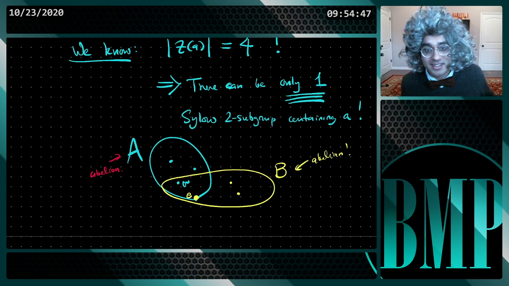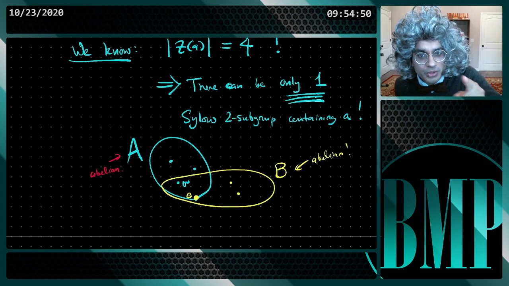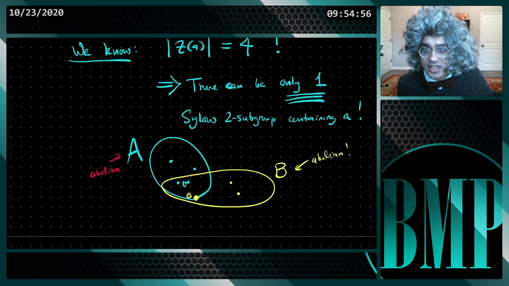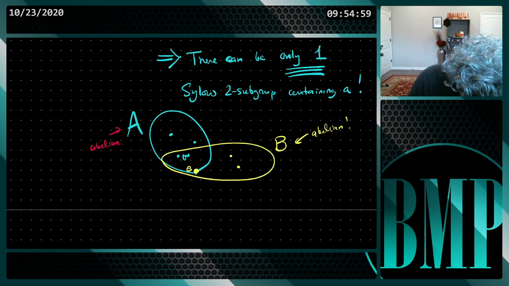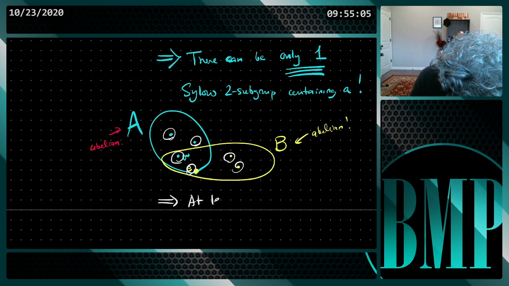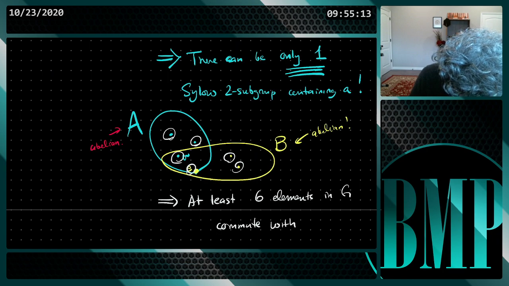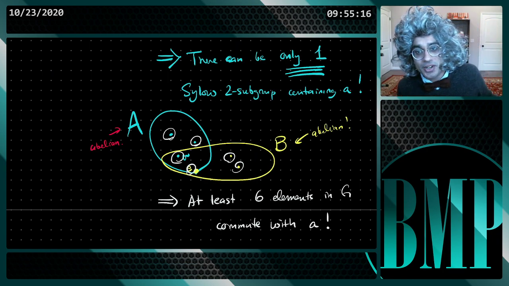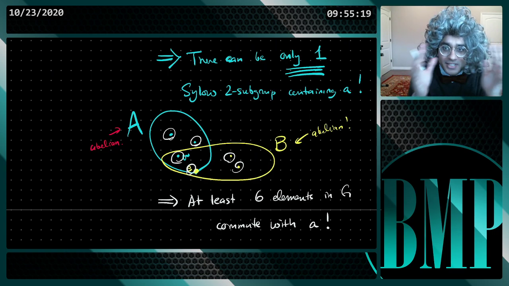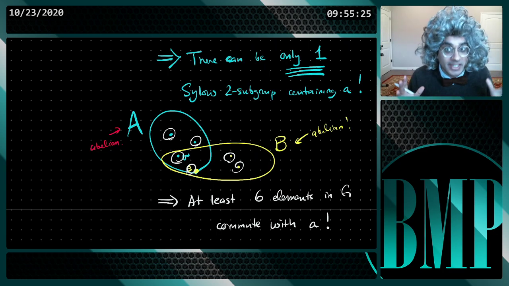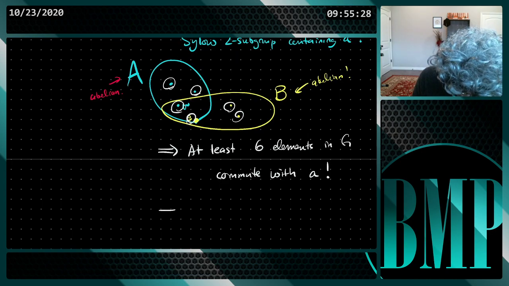And so in this picture, I can see 1, 2, 3, 4, 5, at least 6 things that commute with A. But that's contrary to our assumption. Our assumption was that the centralizer has order 4, meaning the orbit of A under conjugation was 15. So this contradicts our assumption.